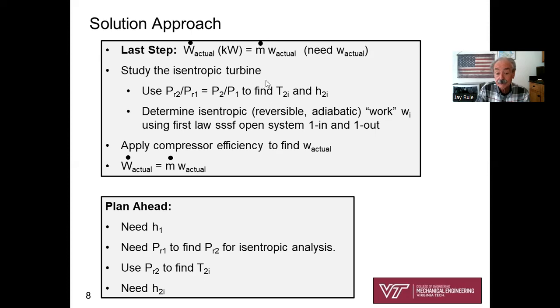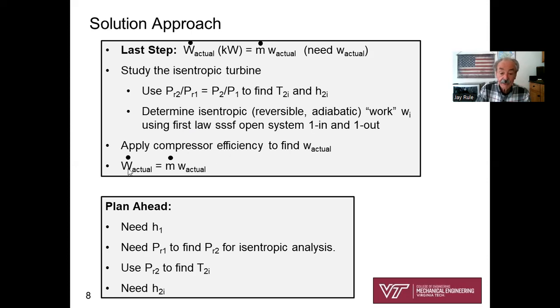That's what's going to enable us to find T2 isentropic. Once we get that, Table A-22 is going to lead us to h2 isentropic. Then we will determine the isentropic work, little w sub I, using the first law. Then we'll apply the compressor efficiency to find w actual. That's going to be easy.